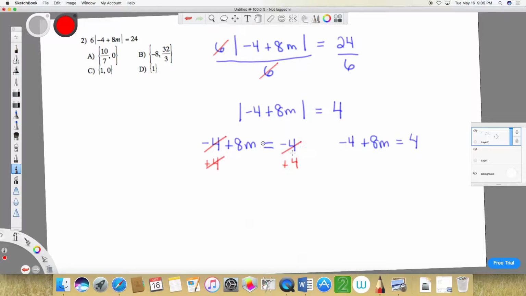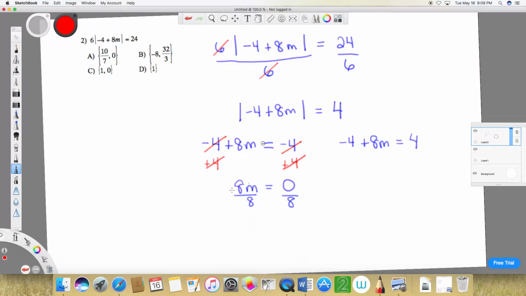The negative 4 plus 4 also cancels. So the resulting equation is 8 times this number m is equal to 0. And you can probably see immediately that 8 times 0 is 0, that this m is 0. If you don't see it, divide the left-hand side by 8, divide the right-hand side by 8.